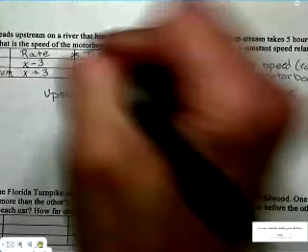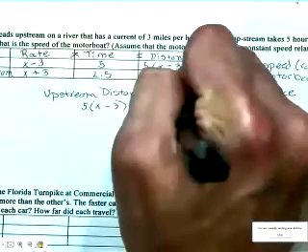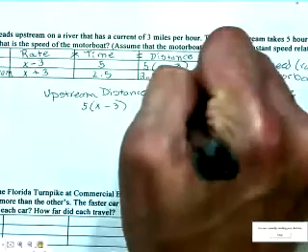Upstream distance is 5 times x minus 3. Downstream distance is 2.5 times x plus 3.